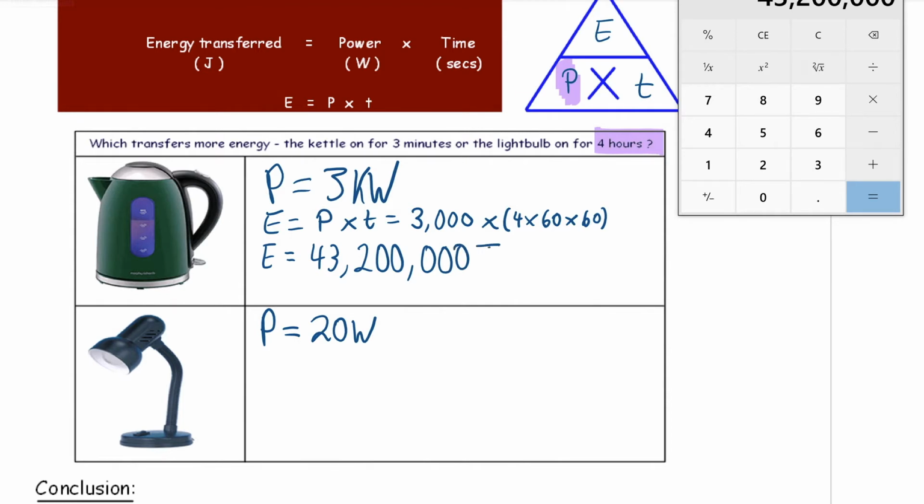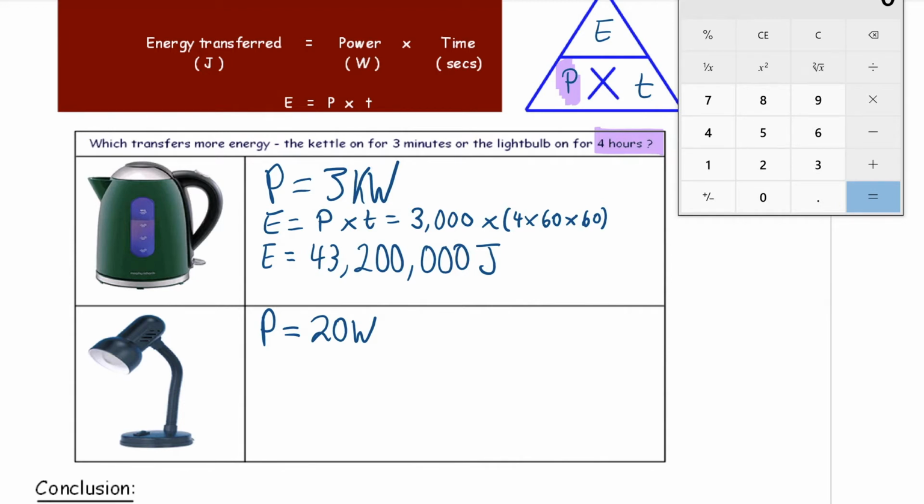And remember, that's joules. I just checked that, that's correct. So 43,200,000 joules. That's the amount of energy that the kettle would use in 4 hours.